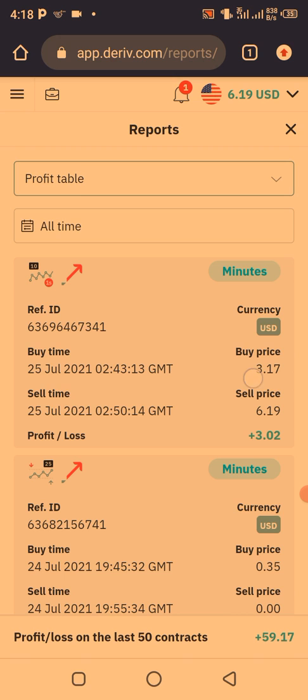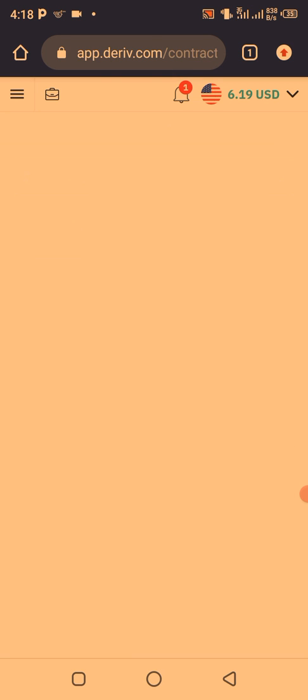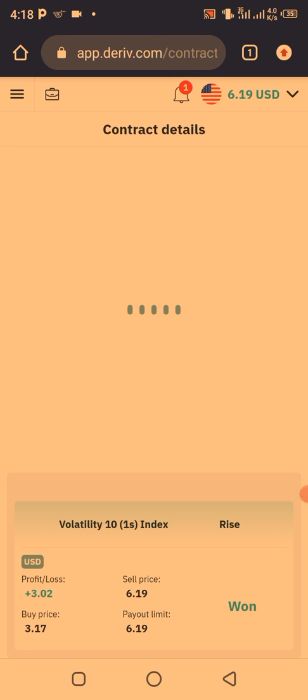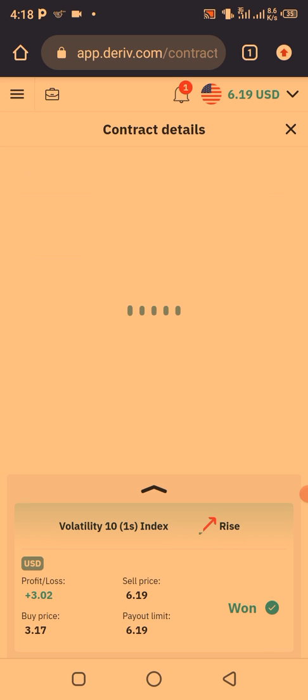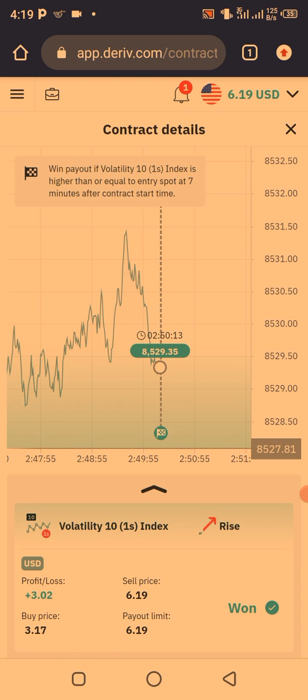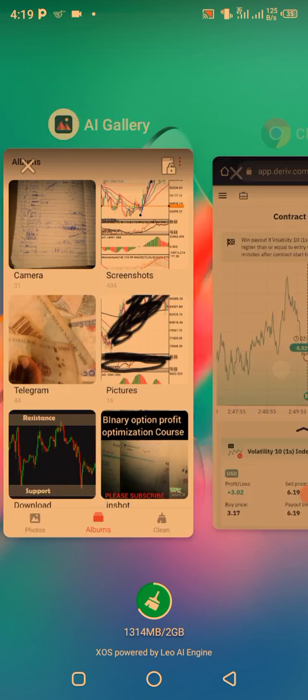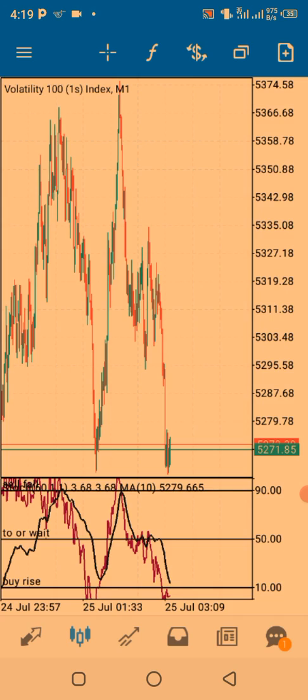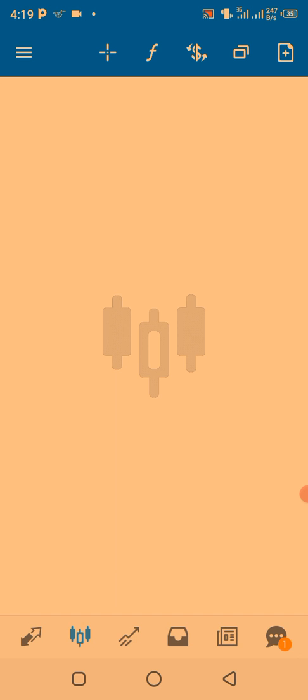Okay, so you can see this is real. I got this signal. I'm going to take you to Volatility 10-1S in my MT5, how I came about this signal. Let me take you there. It is real. So this is MT5.